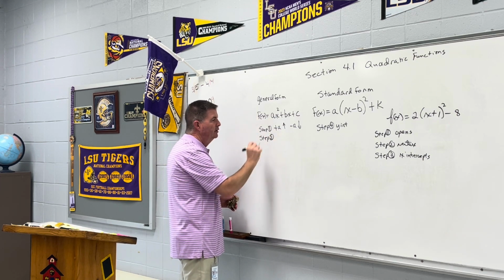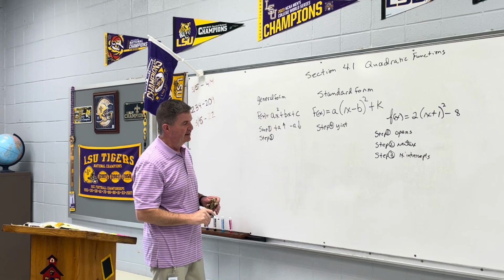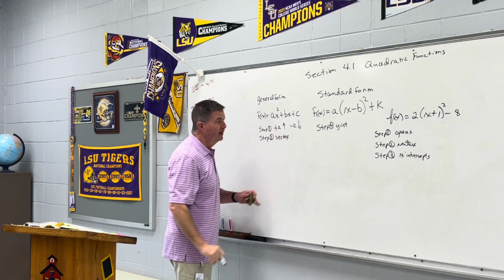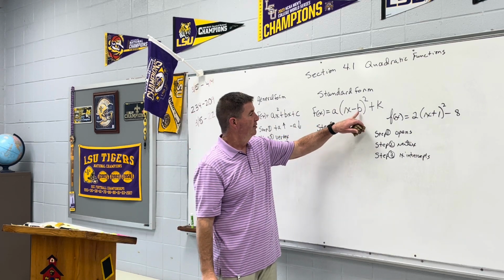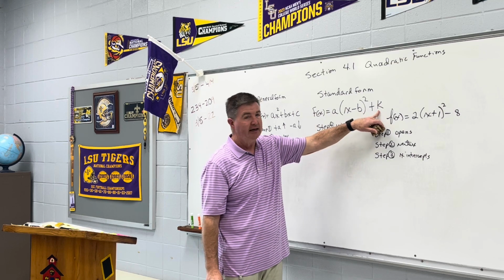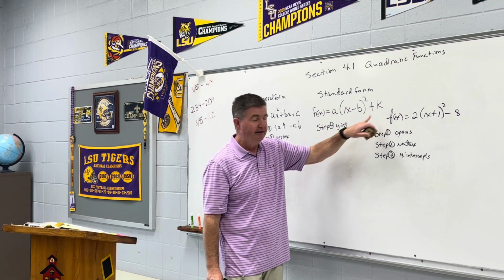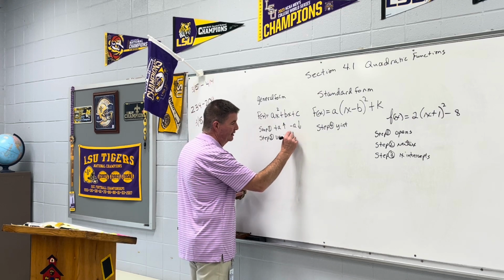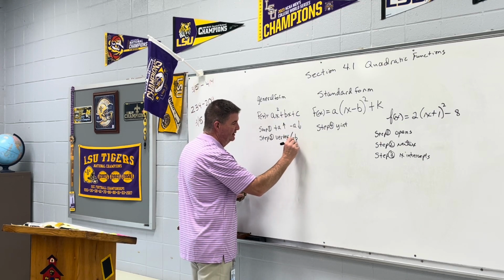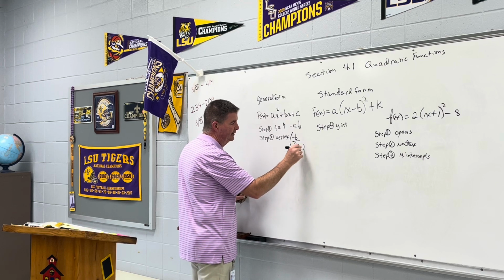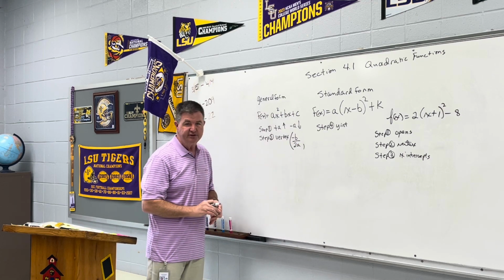Step 2, well, we have to find the vertex. And the vertex in the standard form is negative B, or the opposite of B, comma K. It's very easy, you just look at it. In the general form, it's a formula. We have negative B over 2A.